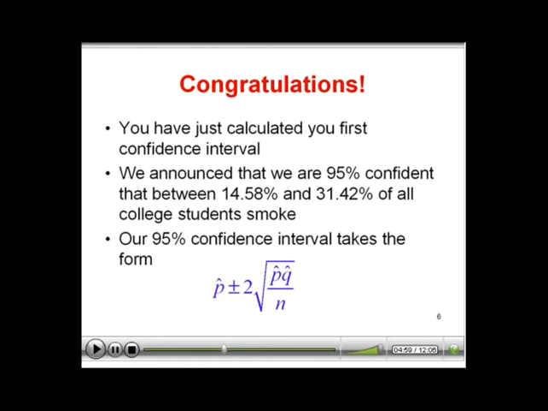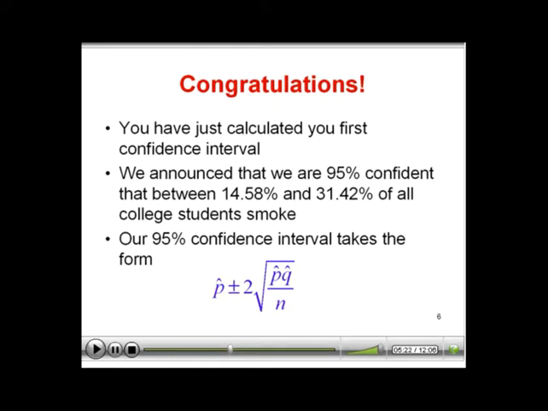And since we will want to compute many more confidence intervals for proportions, we need to take a step back and review the calculations involved. We started by calculating the standard error, namely the square root of p hat times q hat divided by n.